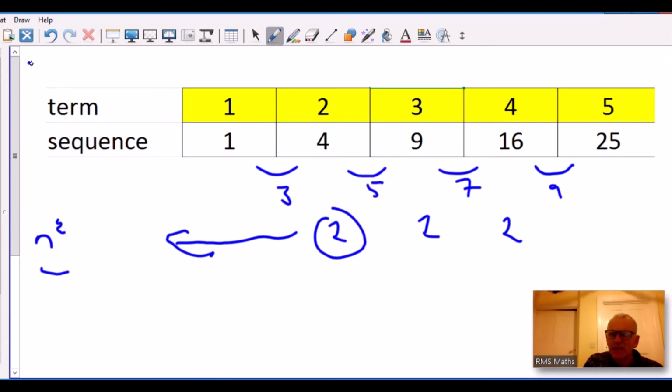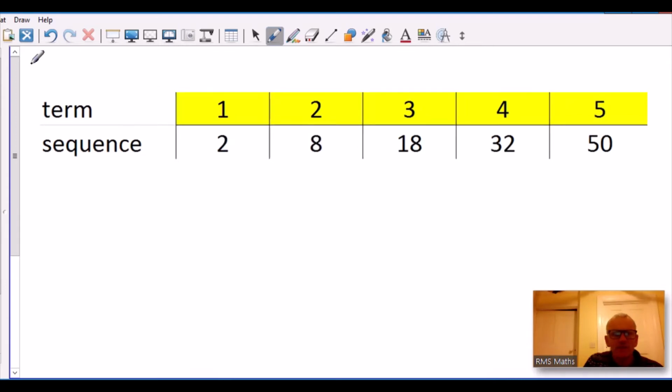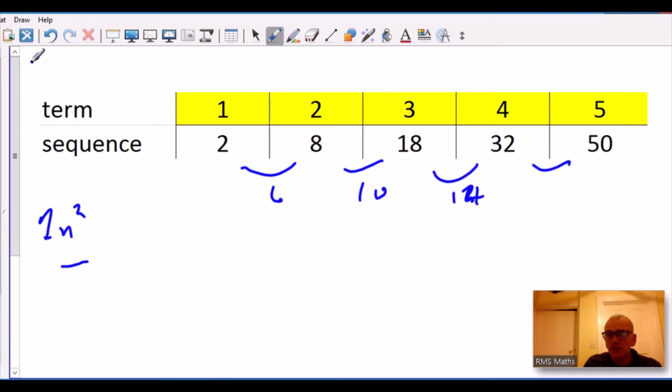So let's look at a slightly trickier one. The actual answer to this is just 2n squared. So let's do the same thing and see what happens. Remember that the second difference before was 2. So here we go: 6, 10, 14, 18, and then the second difference is 4.